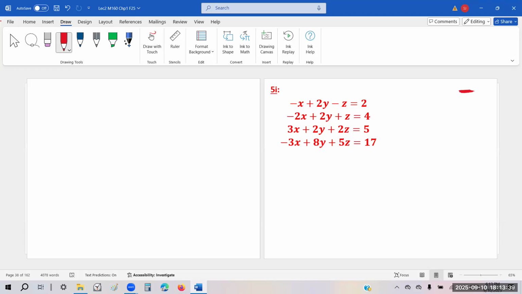And now you're going to change the three. If you're using row one, you'll have a problem with zero times one.